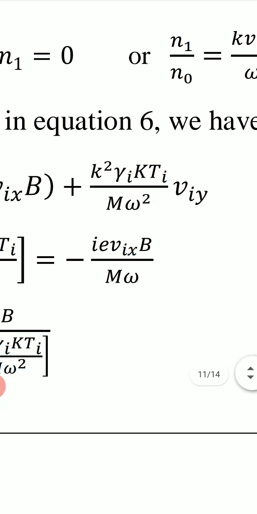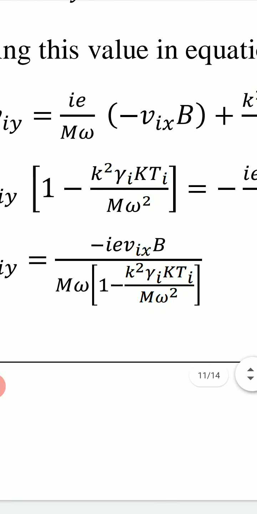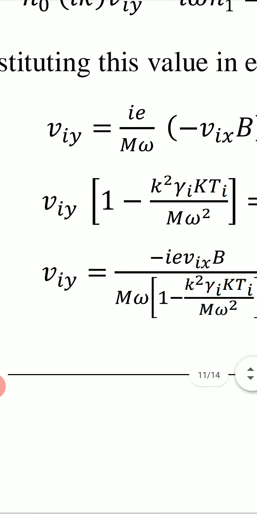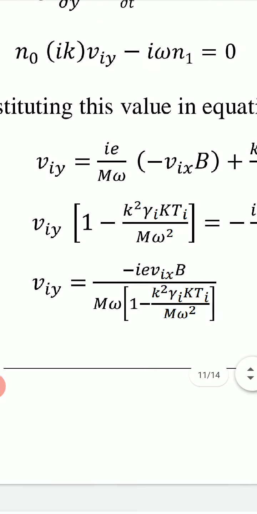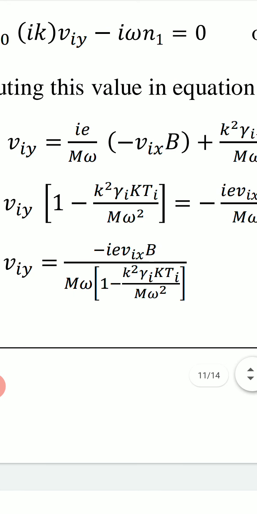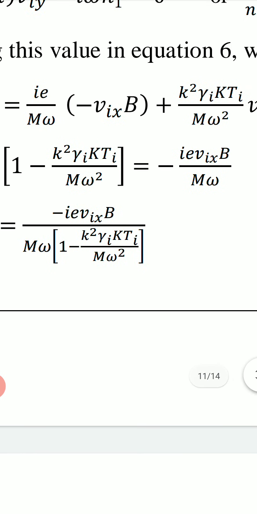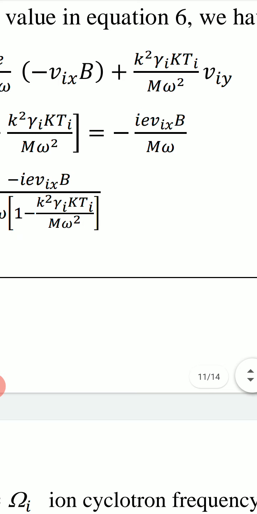If we put the value of N1 upon N0, equation 6 becomes VIY equal to IE upon m omega into minus VIX B plus k square gamma I K Ti upon m omega square VIY.